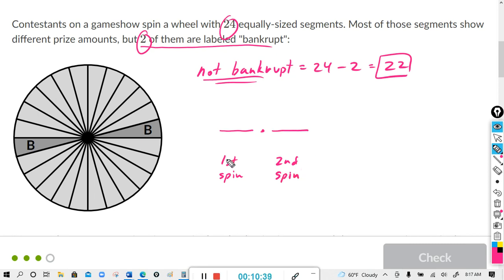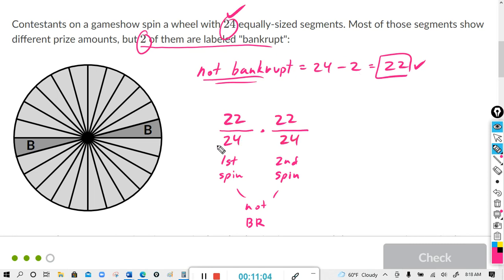In both of these, we want to get not bankrupt. So the first spin to get not bankrupt is going to be 22 out of 24. And the second spin is going to be exactly the same.